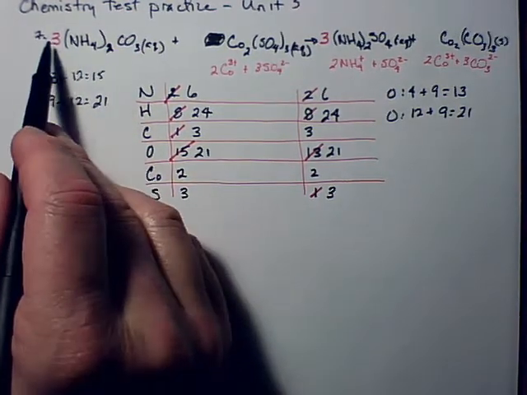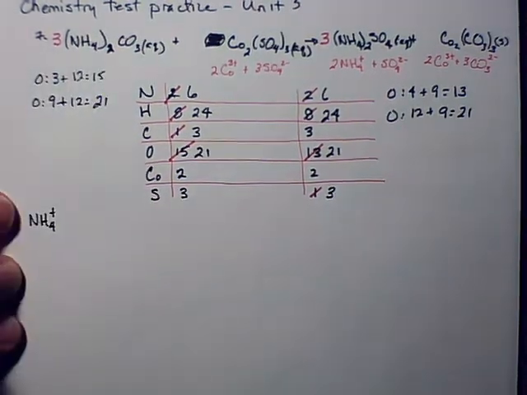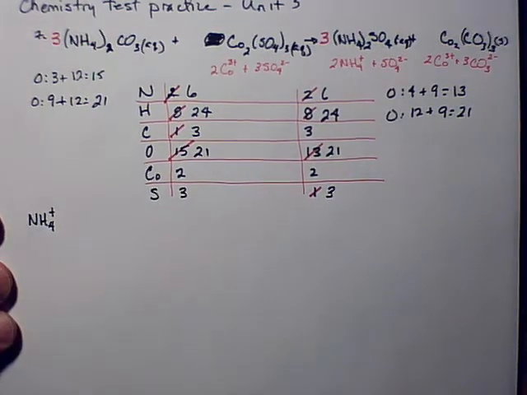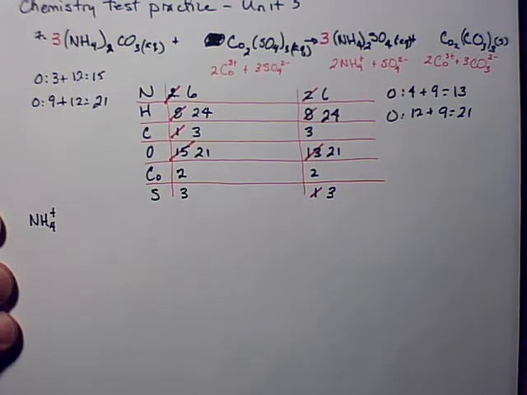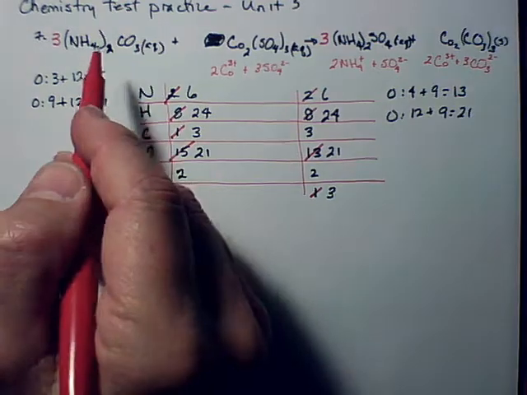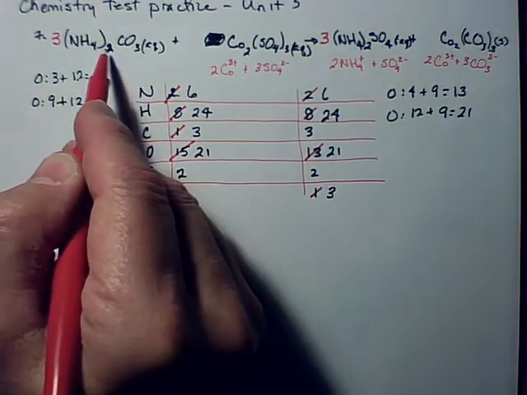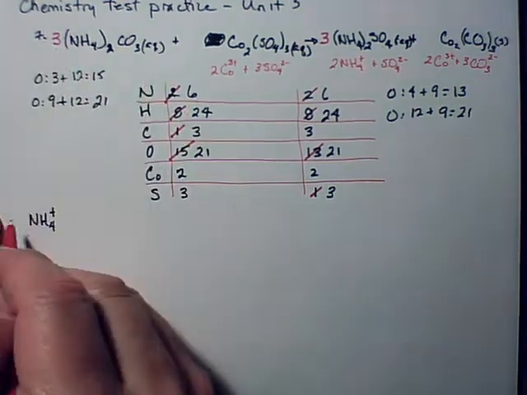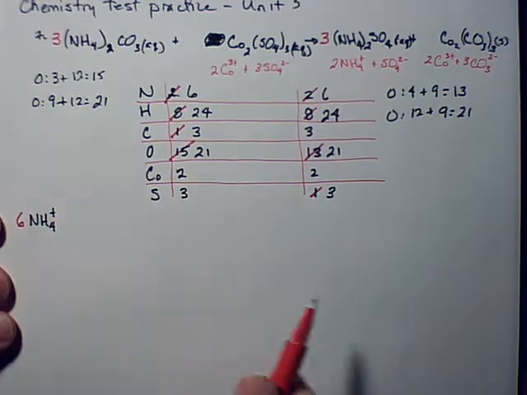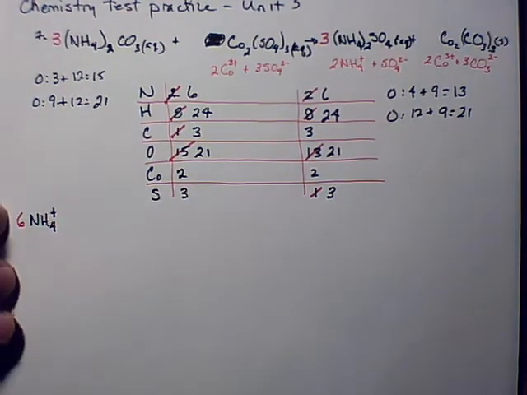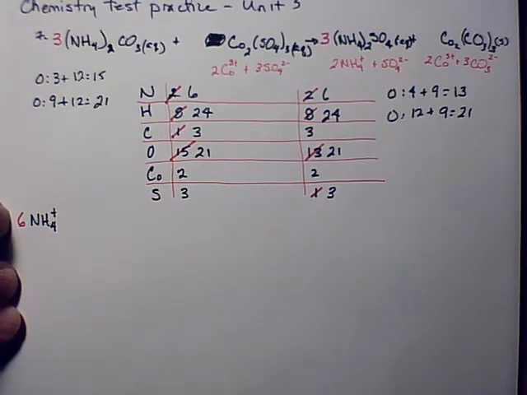Now, we need to figure out how many ammoniums do I have? How many? 6. I've got 2 because of the 2 outside the parentheses, times the 3 of everything. Okay? And what physical state is this ammonium in? Aqueous.